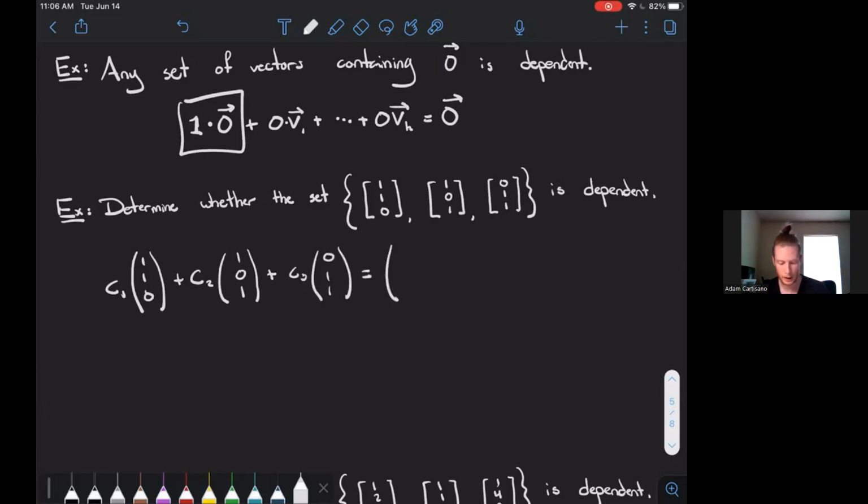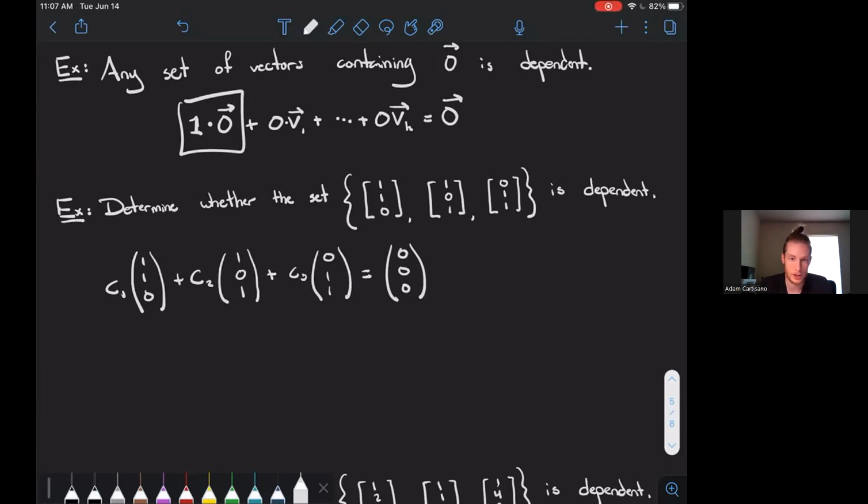Can we find scalars C1, C2, and C3 not all equal to 0 such that 0, 0, 0 is a linear combination for those scalars?